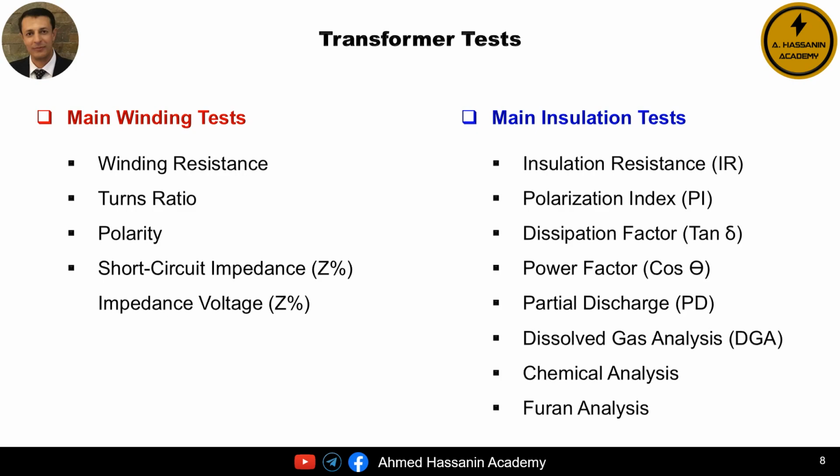As for the most important tests performed on transformer insulation on site, they are insulation resistance, IR, polarization index, PI, dissipation factor, or tan delta, power factor, or cosine theta, partial discharge, PD, dissolved gas analysis, DGA, chemical analysis, and Furan analysis. But in this lecture, we will focus on the insulation resistance test and the polarization index test.